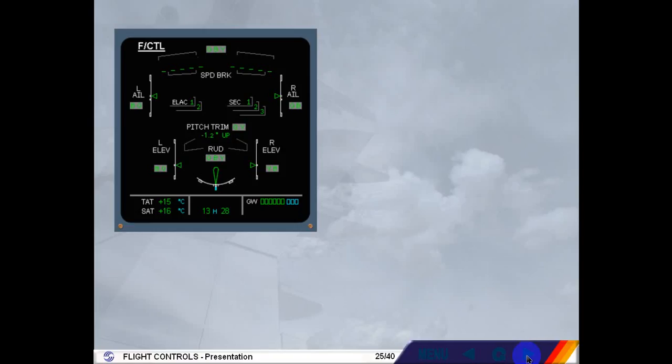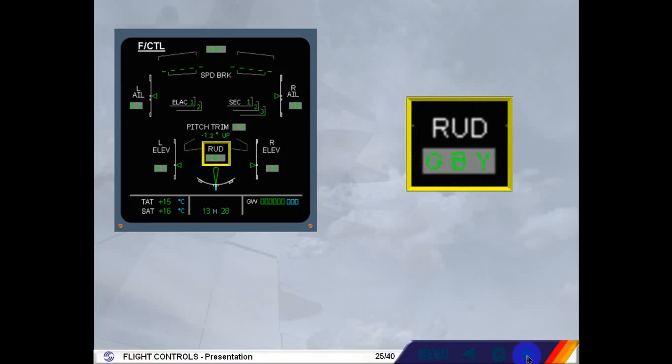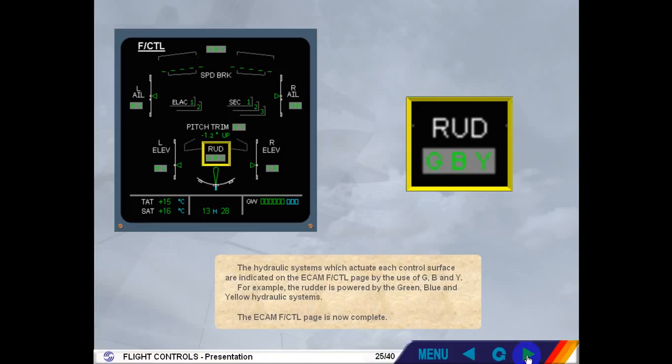The hydraulic systems which actuate each control surface are indicated on the ECAM flight control page by the use of G, B and Y. For example, the rudder is powered by the green, blue and yellow hydraulic systems. The ECAM flight control page is now complete.